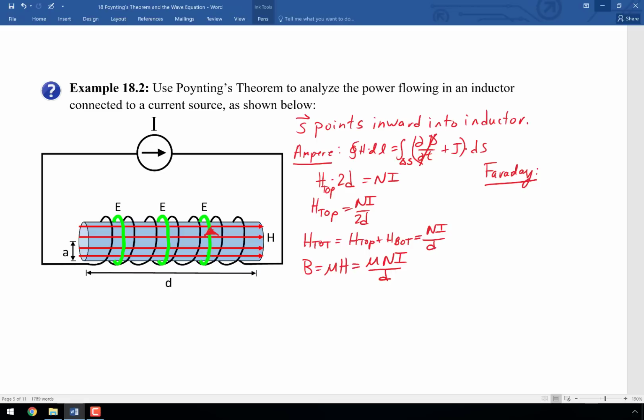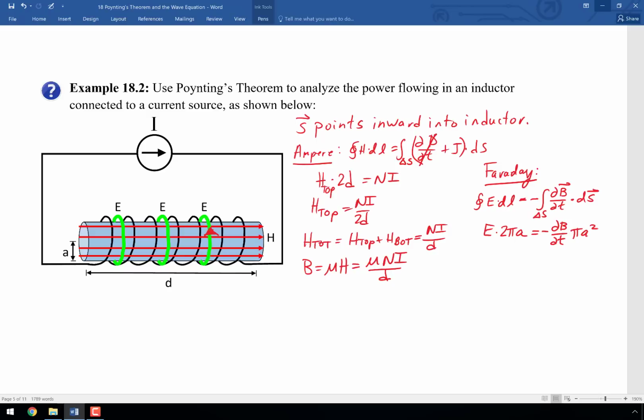So I know that the integral of E dot dl is equal to the negative surface integral of the partial of B with respect to t, and that's over a surface area. So E times the length of the E field, which is the circumference, 2 pi times a, is equal to the negative partial of B with respect to t times the surface area, which is pi a squared.